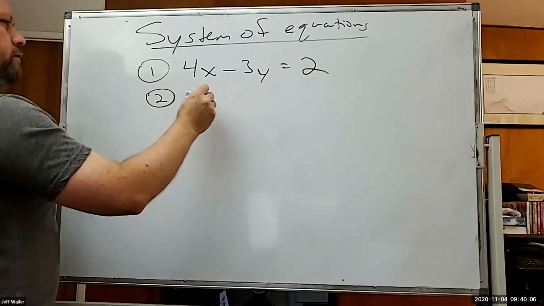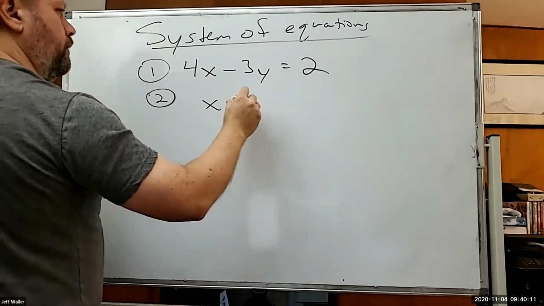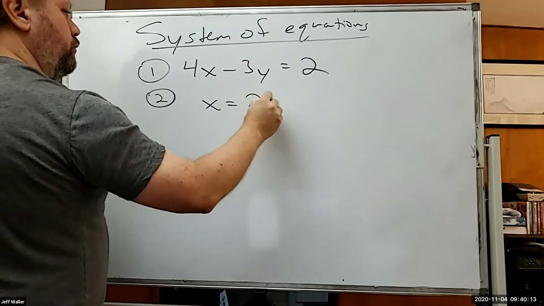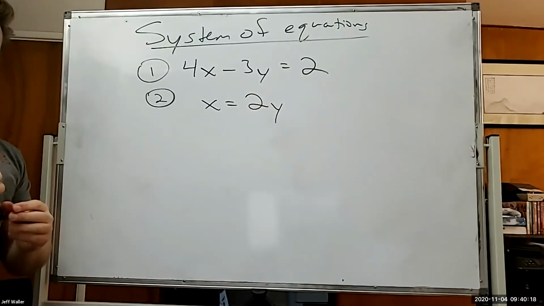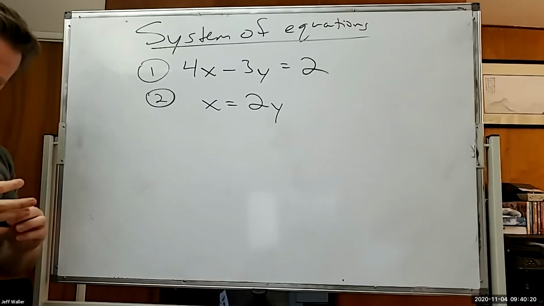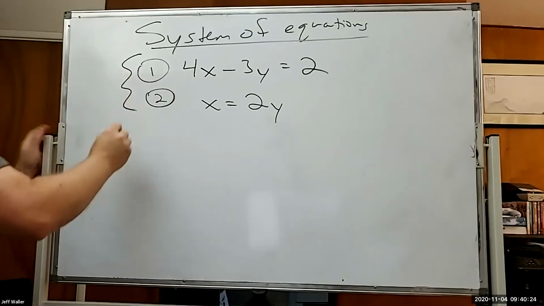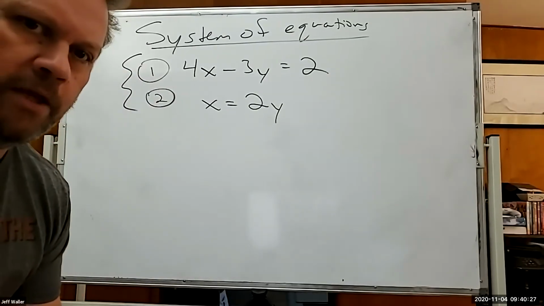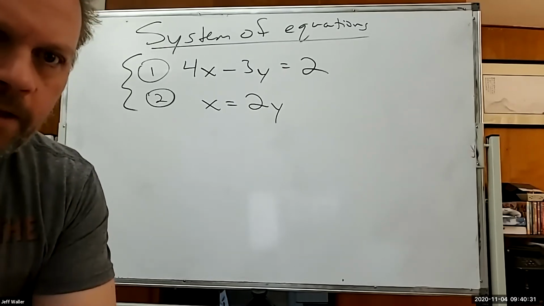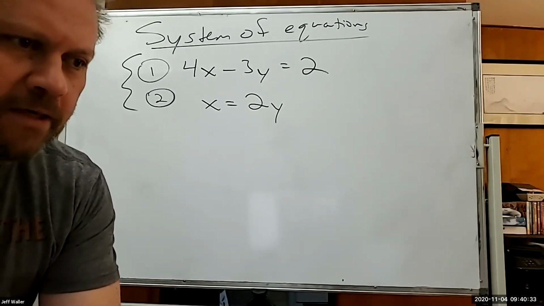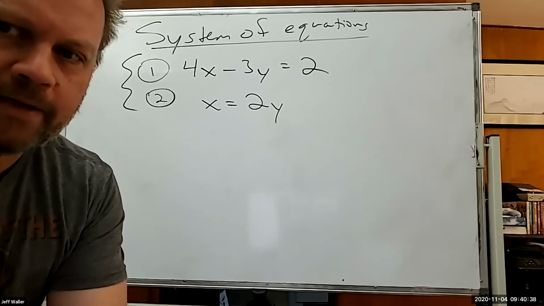And let's say x equals 2y. All right, so these two things are pieces of information that I know are true. Is everybody with me? Those are given to me. Those are true statements. So can somebody tell me what x is?